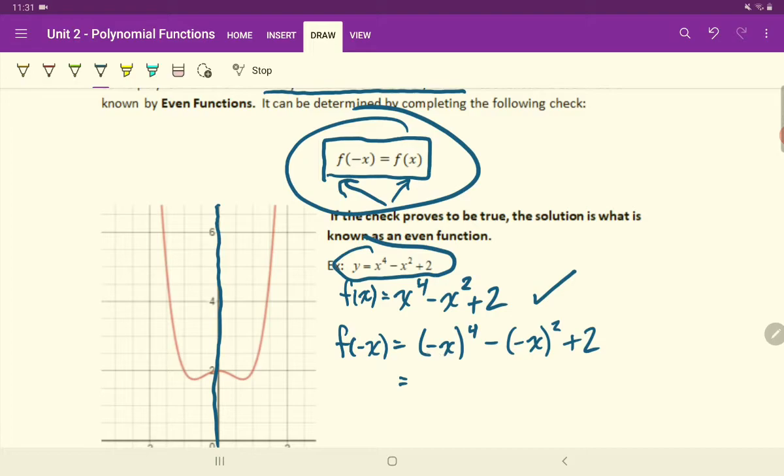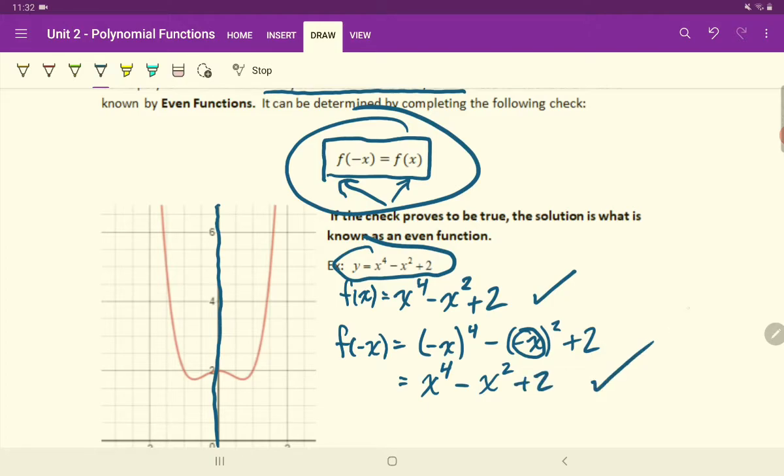A negative number to the power of an even exponent, 2, 4, 6, 8, 10, will always become positive. So even though it says -x to the power of 4, because it's to the power of 4, it's just going to be a positive number. It'll just be x to the power of 4. Then minus, and same thing as before, a negative number squared will end up just being that positive number. So it'll just be x squared, and then plus 2.